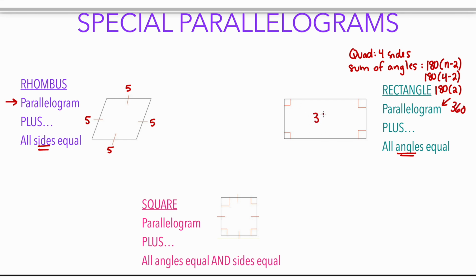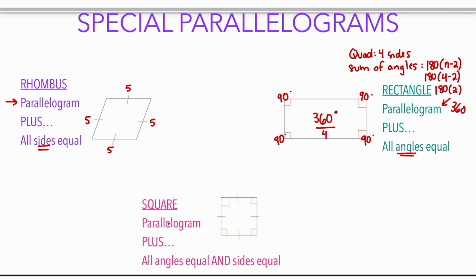If we know all the angles should add up to 360, and we know that they're all equal, if you divide by 4, that is how you reach the fact that all of the angles of a rectangle are 90 degrees.